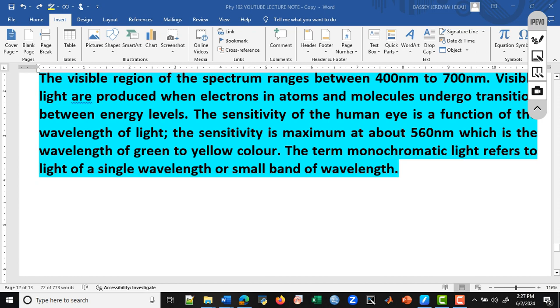You see that the wavelength that is closest to the region of the UV ray tends to be faster. So you have the violet at this region, and the region where you have 700 nanometer, you have the red color.